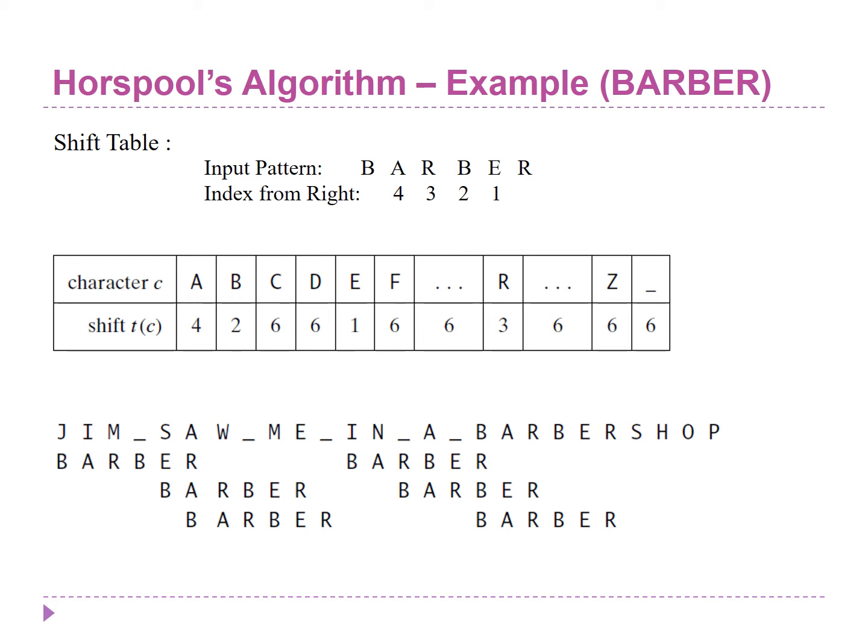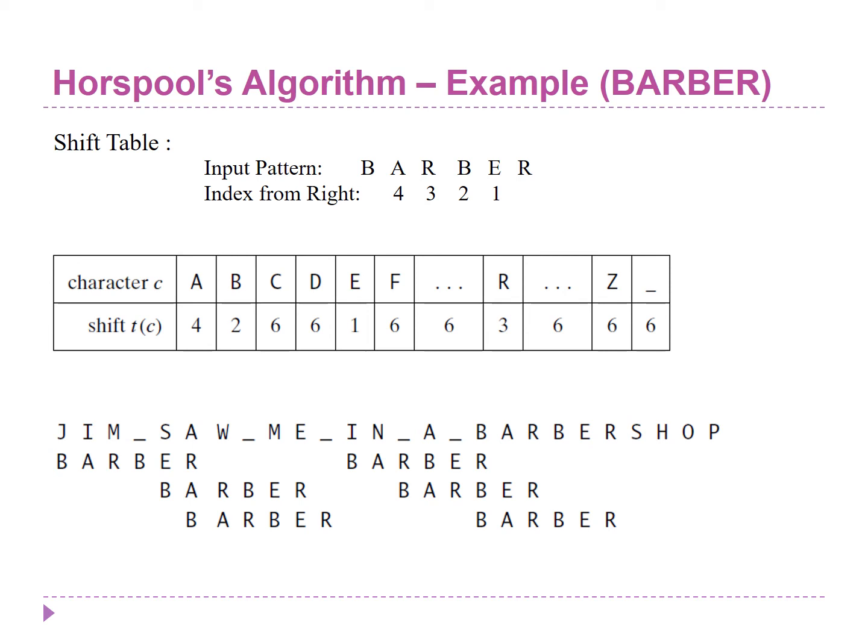Space has a shift of 6 in the shift table, hence the input pattern is shifted 6 positions to the right. Now, the last character R aligns with B in the text. B has a shift of 2, hence the input pattern is shifted 2 positions to the right.